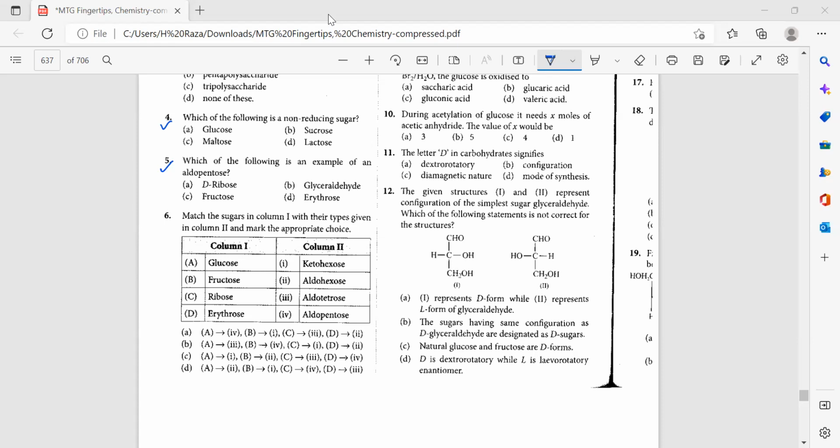You just have to write the question number, and beside the question number, write the option A, B, C, D. Write the question number as written in this question paper.